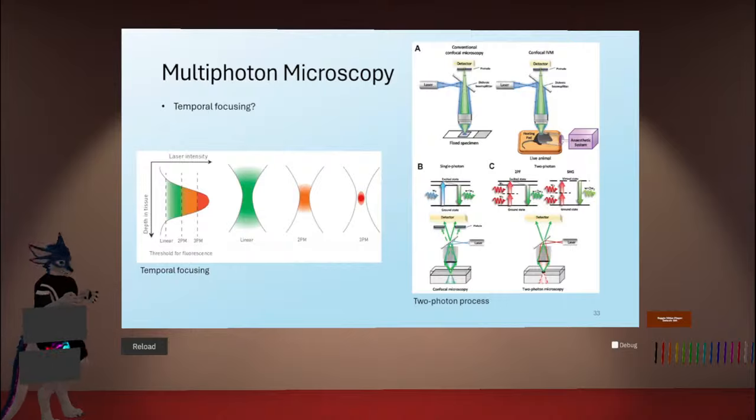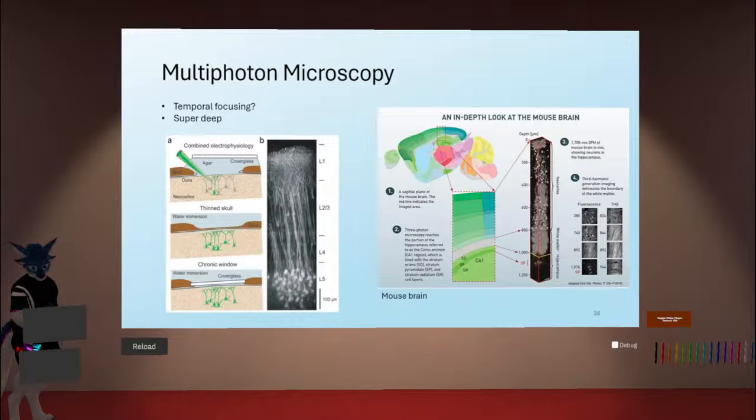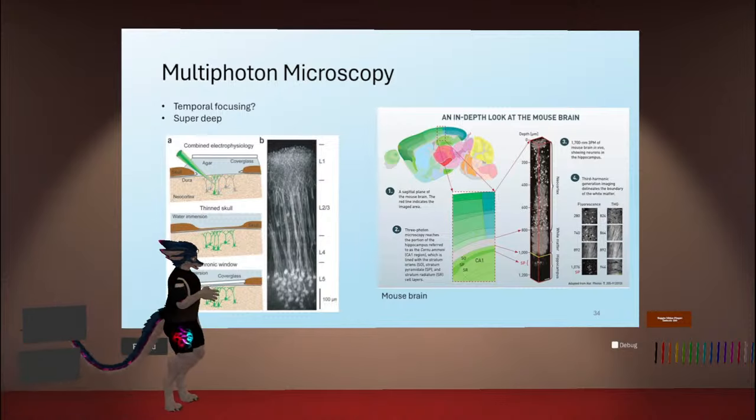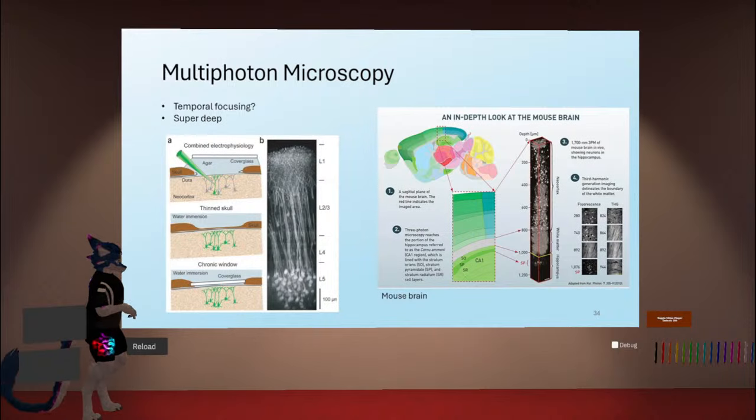But because it also requires this extremely precise overlap, I can also take advantage of the fact that this works really, really well in turbid media. So remember that turbid media, we want to go deep into tissue. This allows us to go really, really far into this kind of quasi-ballistic region.